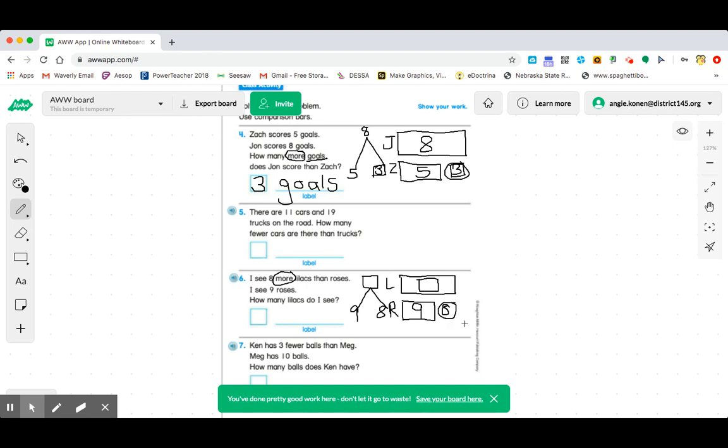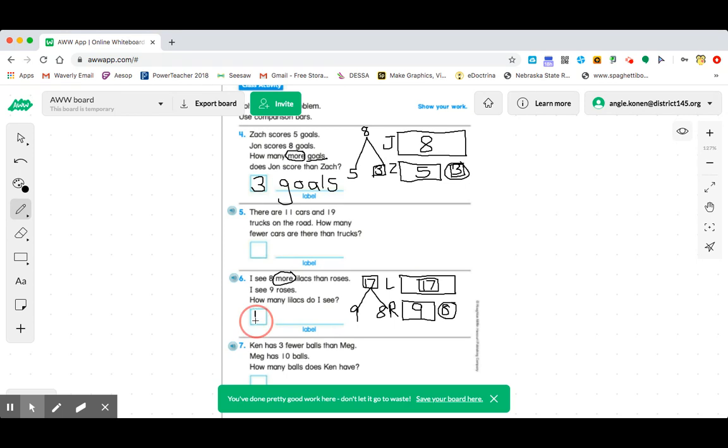So let's go ahead and squeeze 9 and add 8 more fingers. Here we go. So squeeze 9, and we're going to do 8 more fingers. Okay, so I'm going to go 9, 10, 11, 12, 13, 14, 15, 16, 17. Good. I hope you did that with me. 17. I'm going to write that in there.